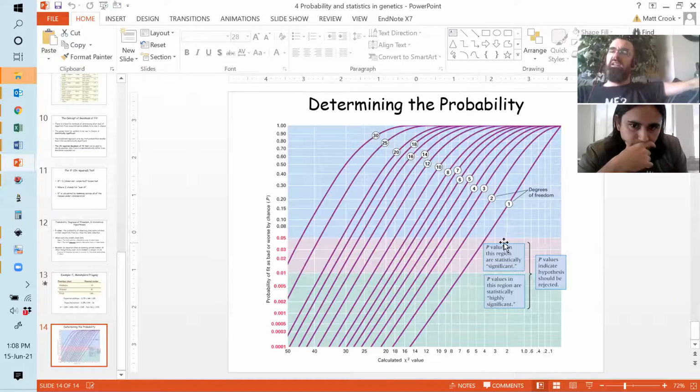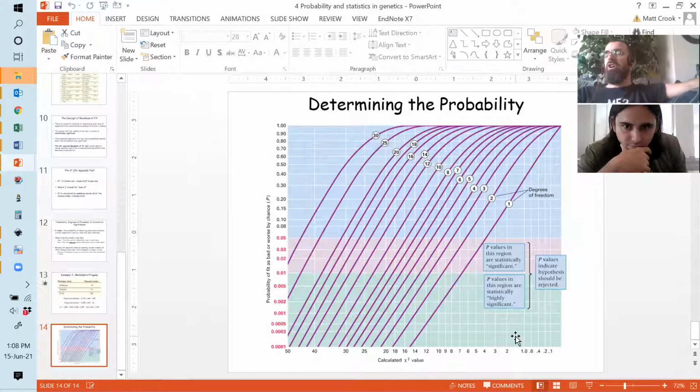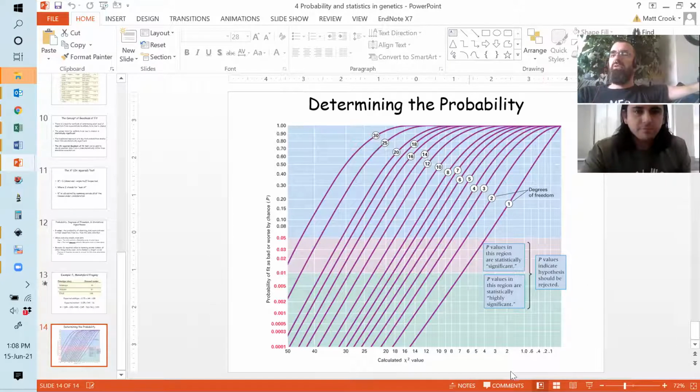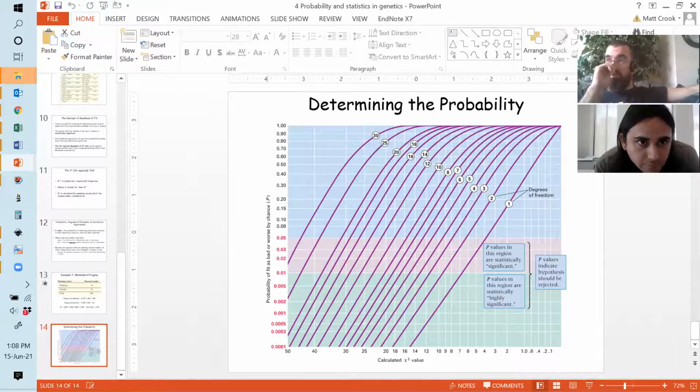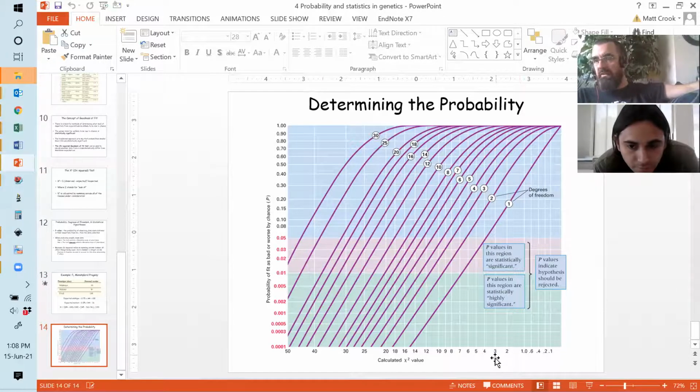So here, essentially, rather than degrees of freedom being a series of rows, now they're lines on the chart. So essentially you're using that line. It's almost like a line of best fit. You're using the chi-squared value to calculate the p-value. So if we use that prior example of a chi-squared value of 3 and a degrees of freedom of 1, you go down here, you can see where I'm pointing to.